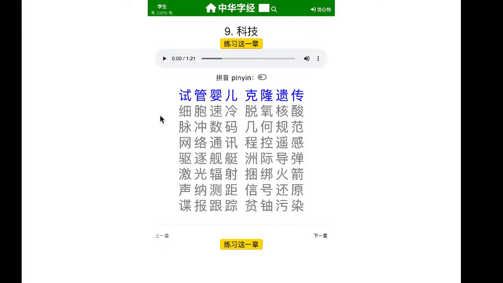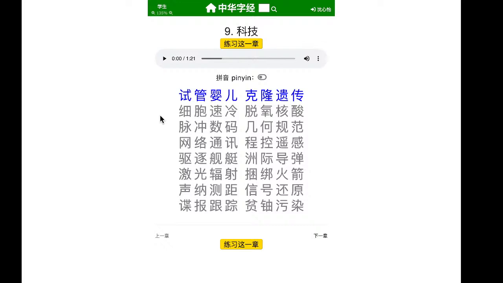Anyway, 克隆 means clone. Basically, it's the sound translation of the English word clone. To clone a baby, right? Clone an animal, which basically means you're taking a cell of an animal, and then you duplicate, you clone it, and then it grows into an animal.